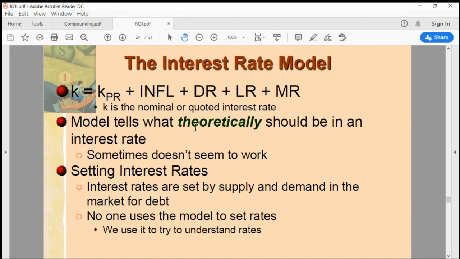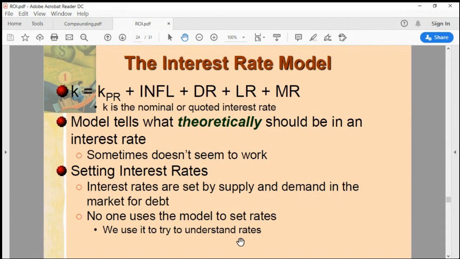Think about it. If you're a borrower, basically you have to pay pure return, and you have to pay the inflation premium and default risk premium and liquidity risk premium and maturity risk premium, right? So that is the cost of capital.